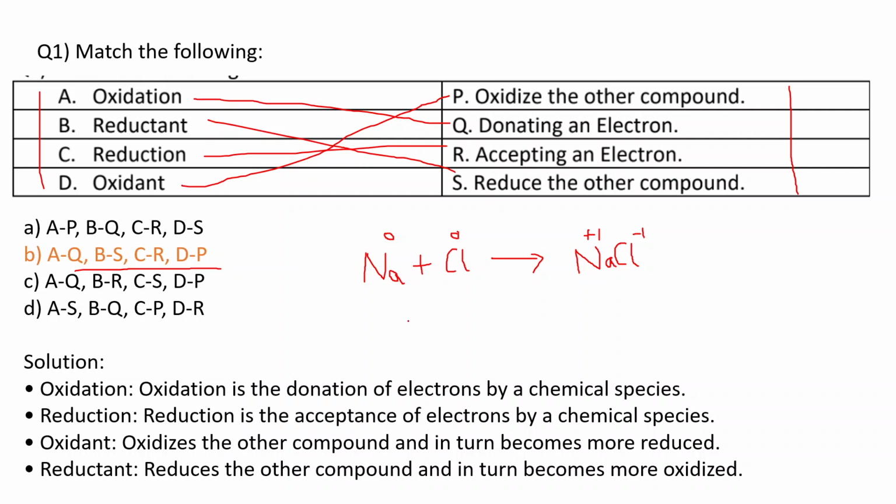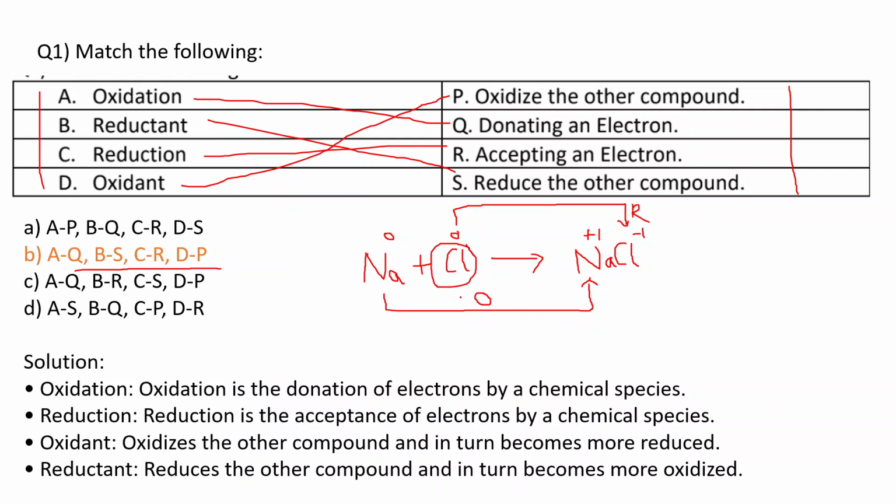So we can say sodium is losing one electron and going to a higher oxidation state. So this is oxidation. And chlorine is accepting an electron and going to a lower oxidation state. So this is reduction.